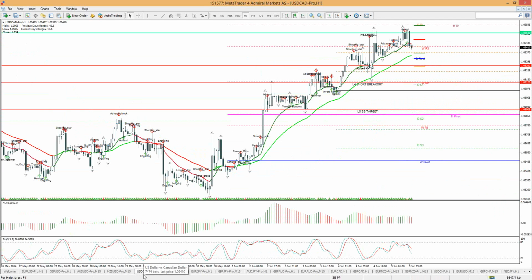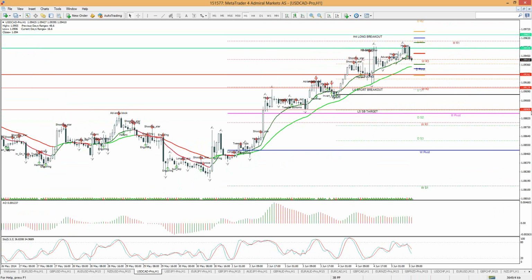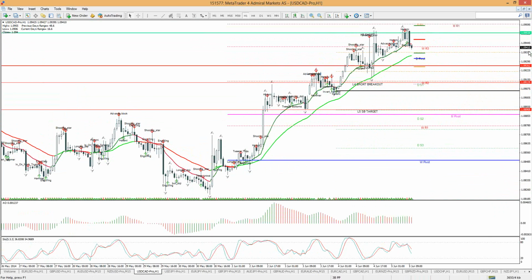Dollar CAD. Let's take a look. Remains bullish.